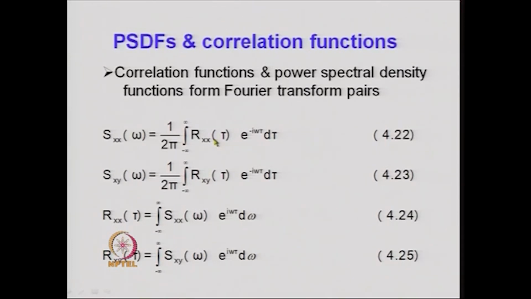So, given Rxx(tau), one can in principle compute the power spectral density function of the process. Similarly, given the power spectral density function of a random process, one can obtain its autocorrelation function.